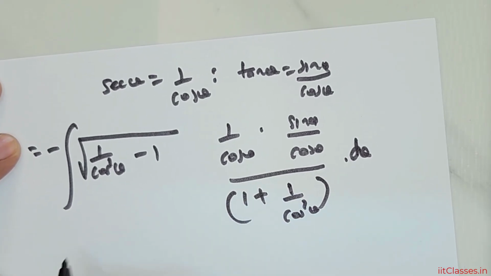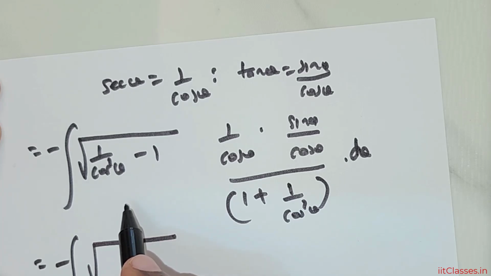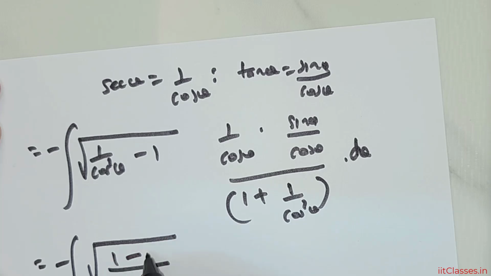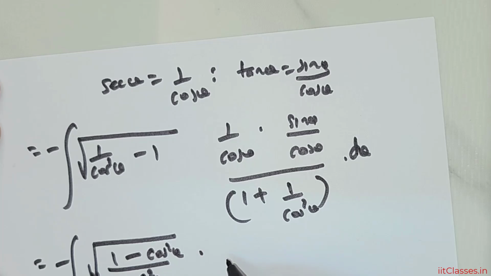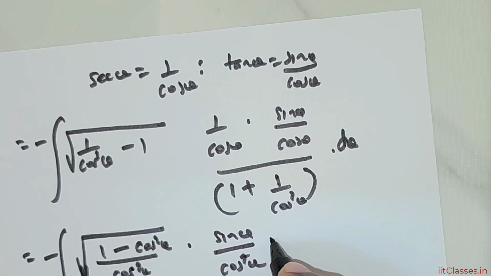So now you have to simplify. So this is equal to negative root of, I want to write this with the cos squared theta denominator. So that will give me 1 minus cos squared theta. The root is going all the way down. Multiplied with, I can multiply these two together, sin theta over cos squared theta.